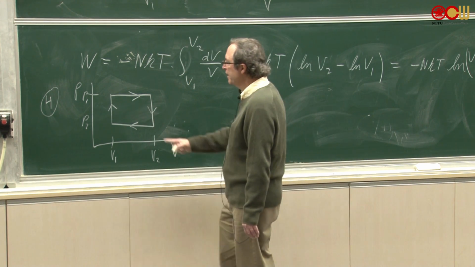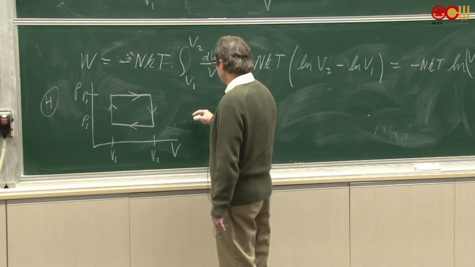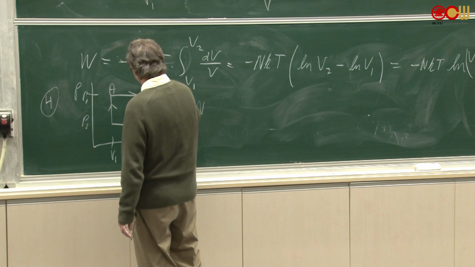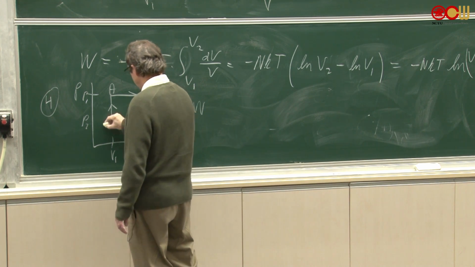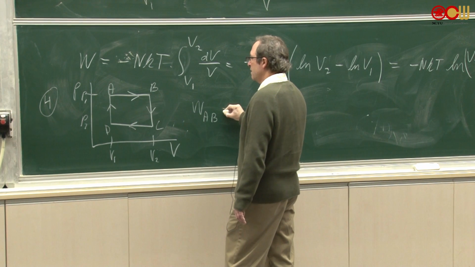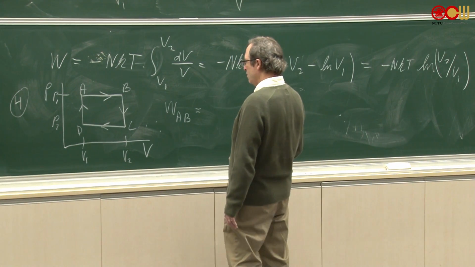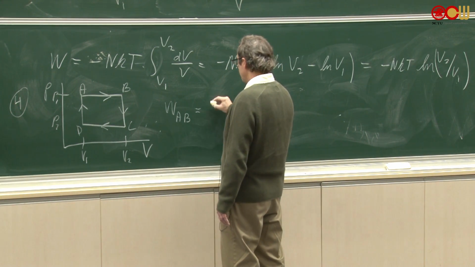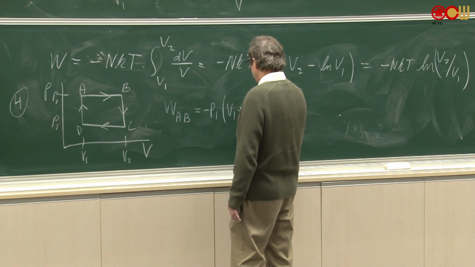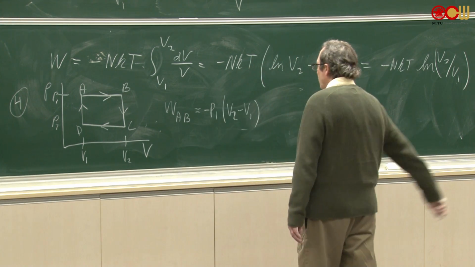So the work going over here, let's give it a name, A, B, C, D. So A to B is just going to equal minus P1 times V2 minus V1. Okay, just like we had before.